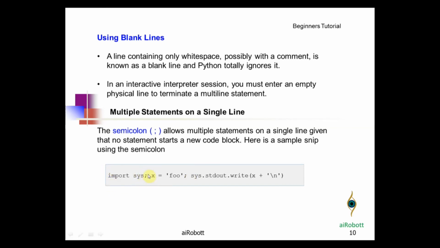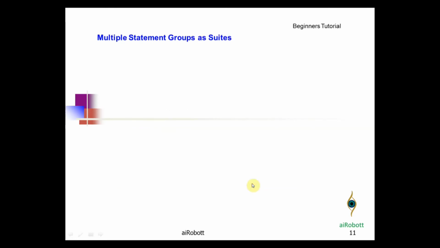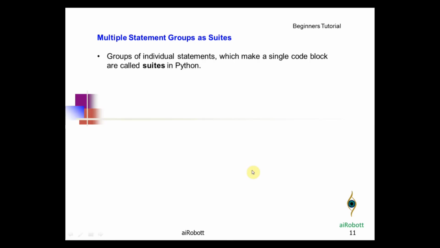After that you have to use this semicolon, and the next statement starts here in that line, and there you can also use this semicolon, and the next statement you can type here. So these three statements can be in one single line.